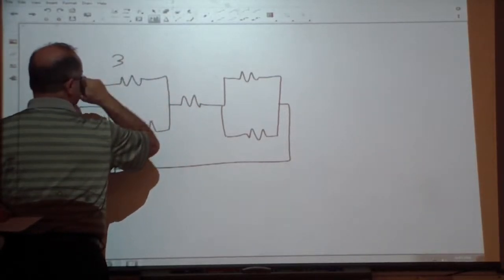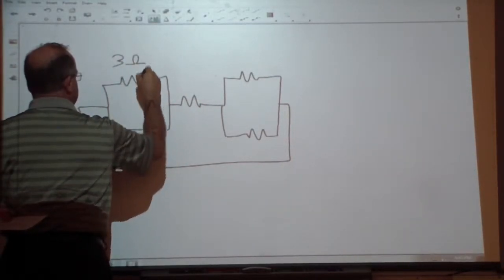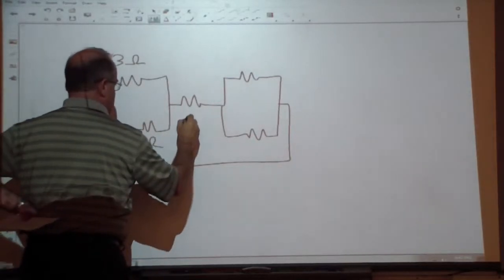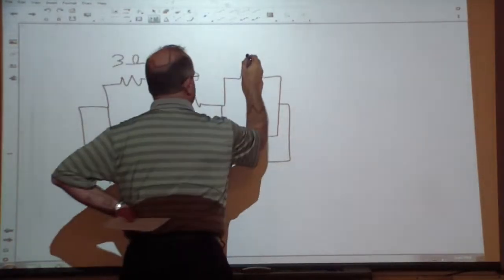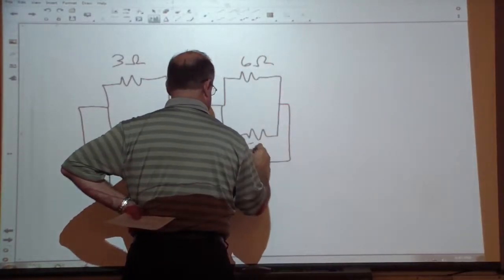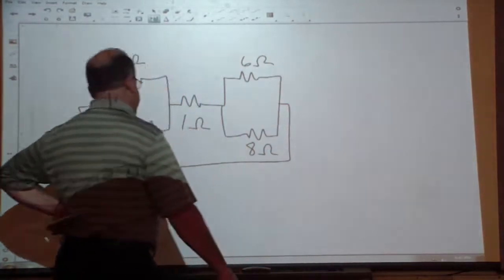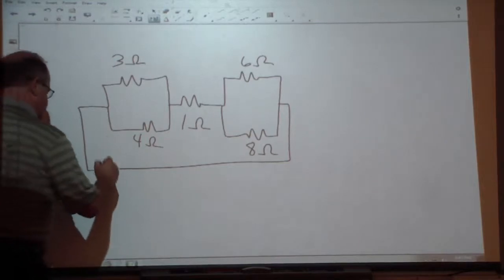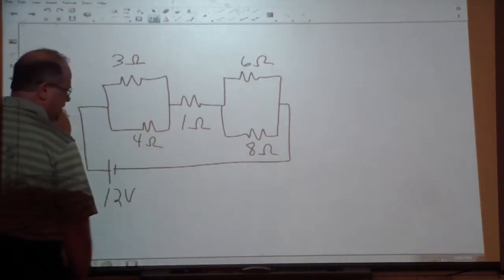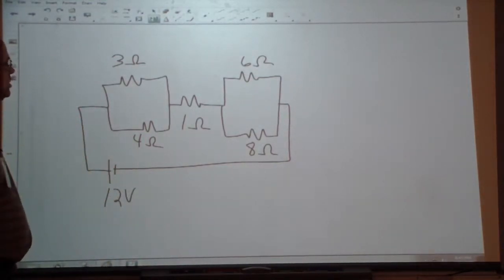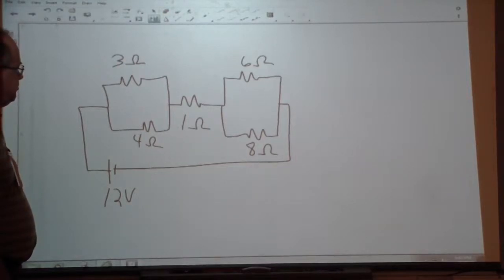I'm just trying to get out of here. 3, 4, 1, 6, 8. There you go. And let's make the battery 12 volts, or the power supply, whatever it is. EMF. EMF means electromotive force. It means voltage.